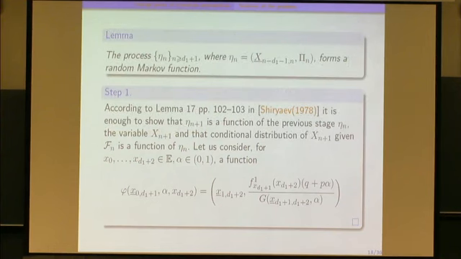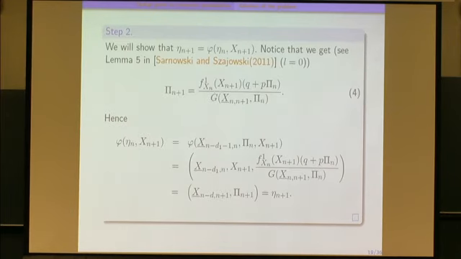Here is some part of the consideration to prove that this multidimensional process is Markovian, and it is seen that this is an important part of the sufficient statistics for this problem.